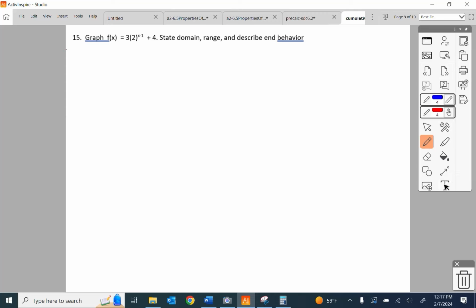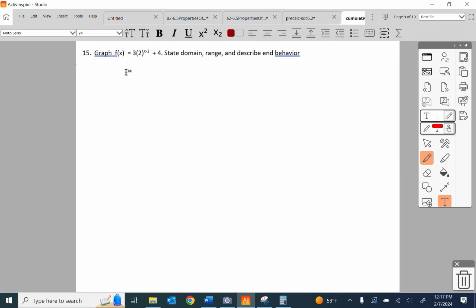All right, so let me do something similar. I'm going to do 4 times 2 raised to the x plus 1. Let's make it 2. And then minus 3. And what I'm going to do is strip this down to a much simpler form, 4 times 2 to the x.